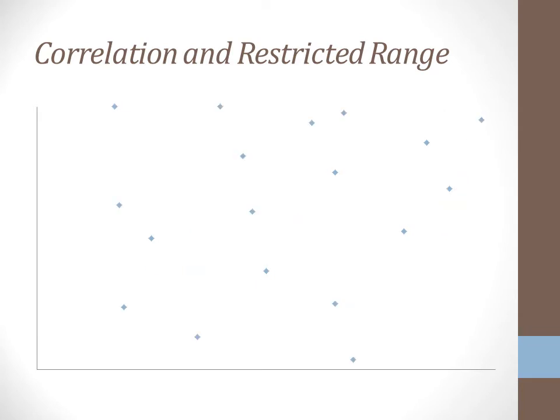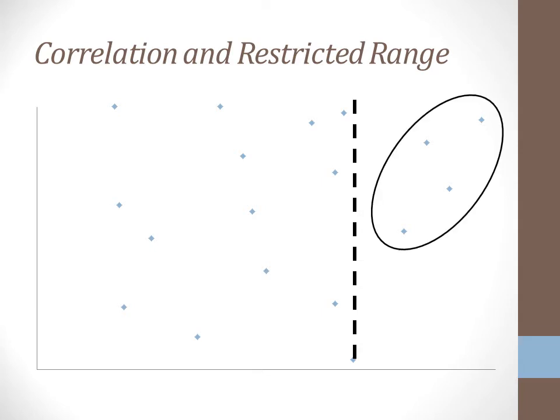In the same vein, if you take a look at this scatter plot, you would see that there's no consistent relationship between the x and the y variables for the full range of scores. Again, if we restricted the scores and we only looked to the scores that are to the right of the dotted line, what we find is that with a range of x values that is restricted, the data shows a strong positive correlation.